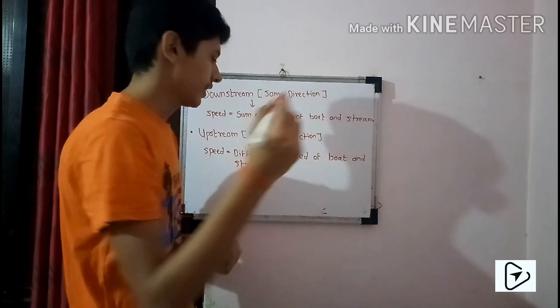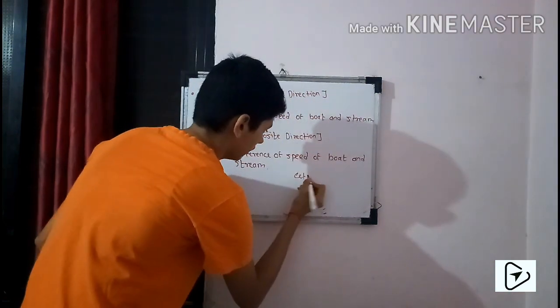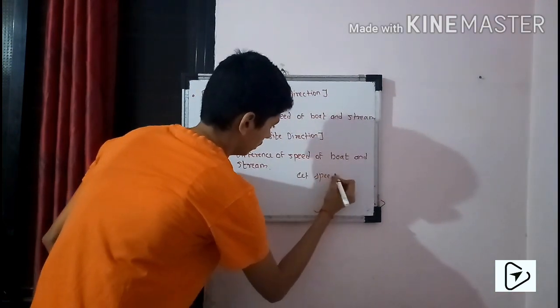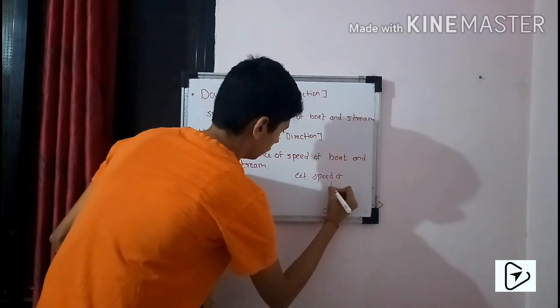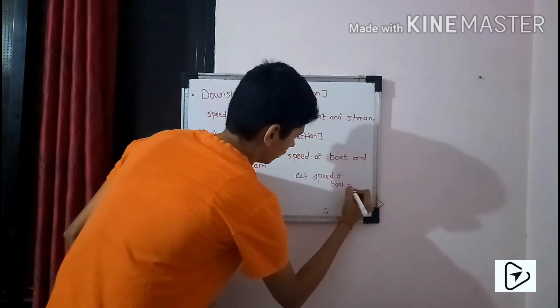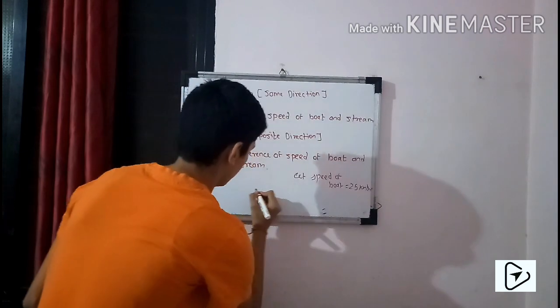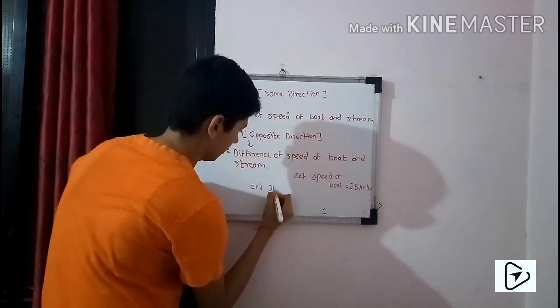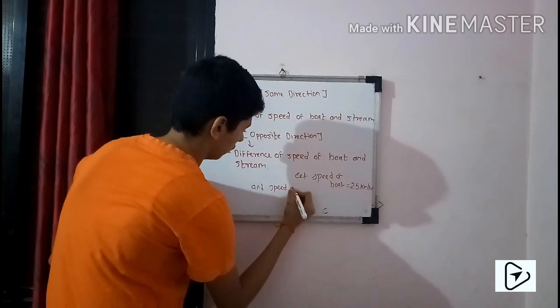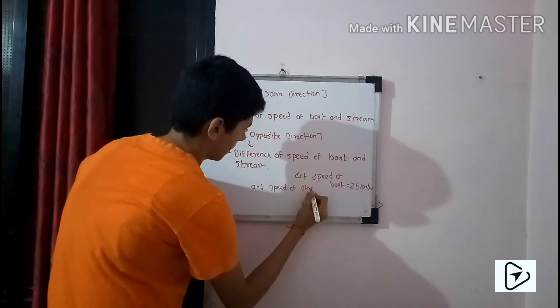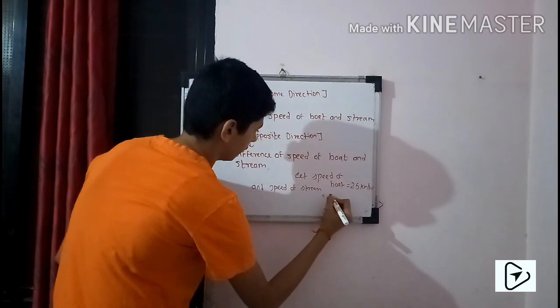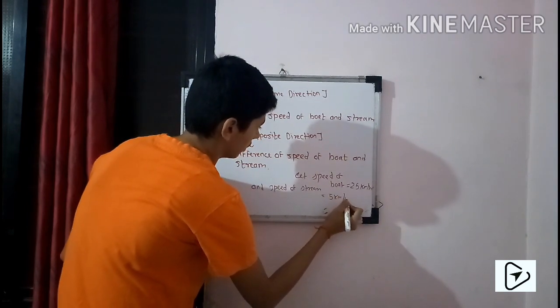Let us take an example. Let the speed of the boat be 20 km per hour and the speed of the stream be 5 km per hour.